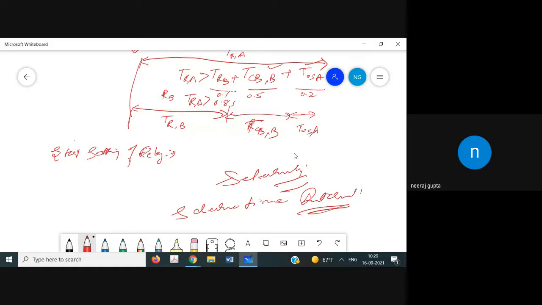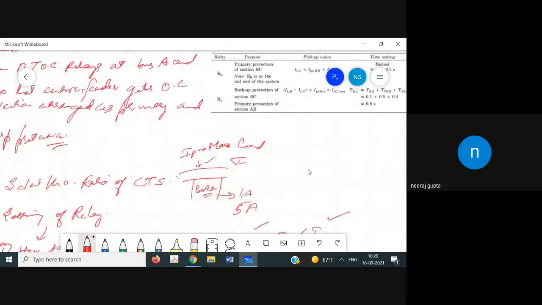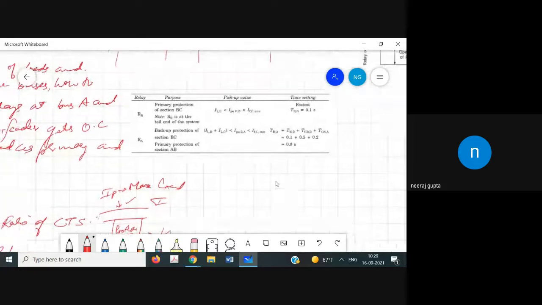Now let us discuss with the help of this worksheet. The primary protection is provided by BC, and the relay in that case is RB. The pickup value should be greater than the maximum load current, some overload is permissible, and less than the minimum fault current, and this time is 0.1.